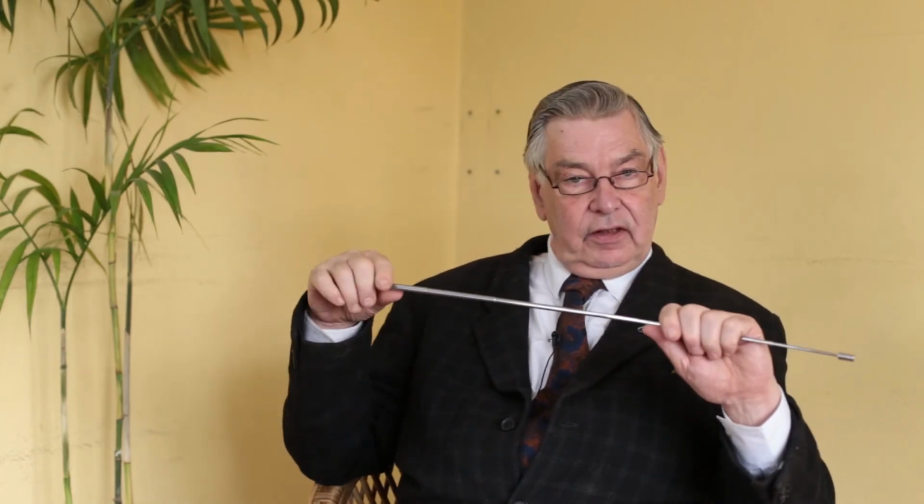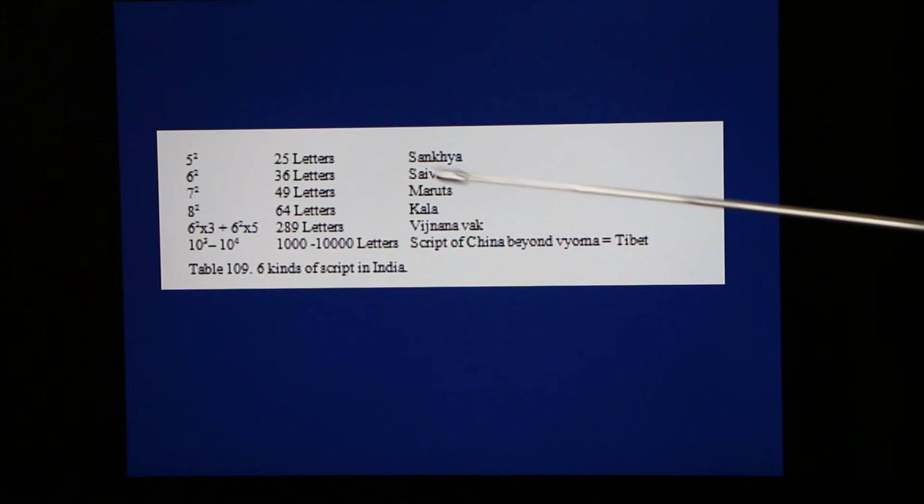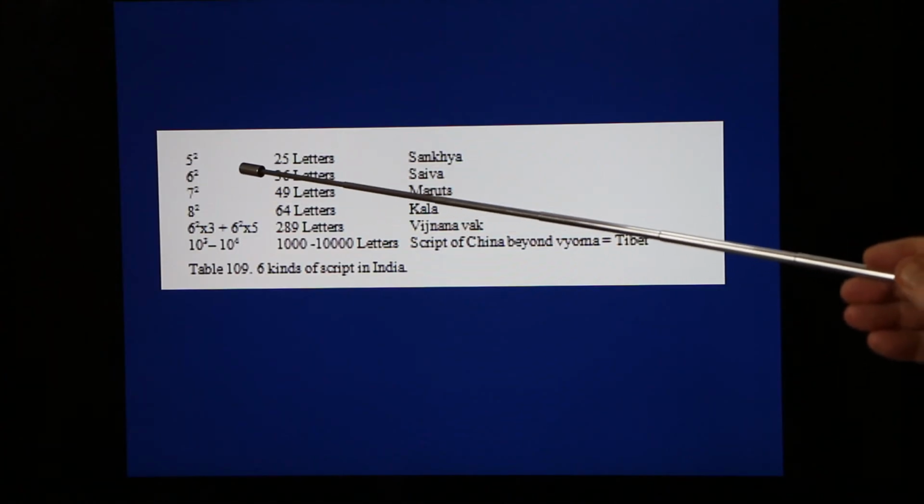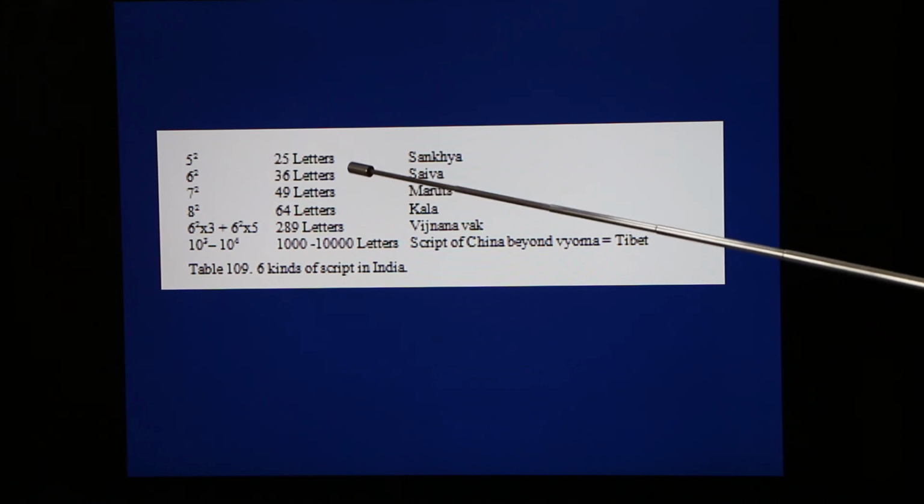And there are 6 basic scripts in India. The 5 times 5 gives us 25 letters.